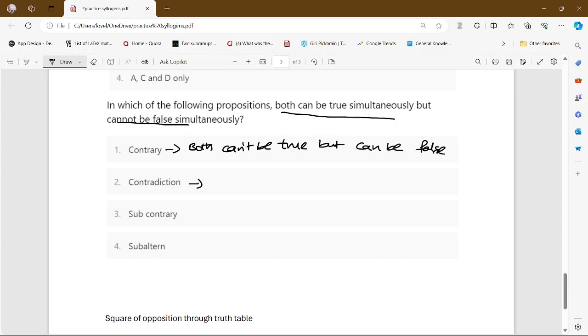Contradictory means both can't be true or false. And subcontrary means opposite to contrary.